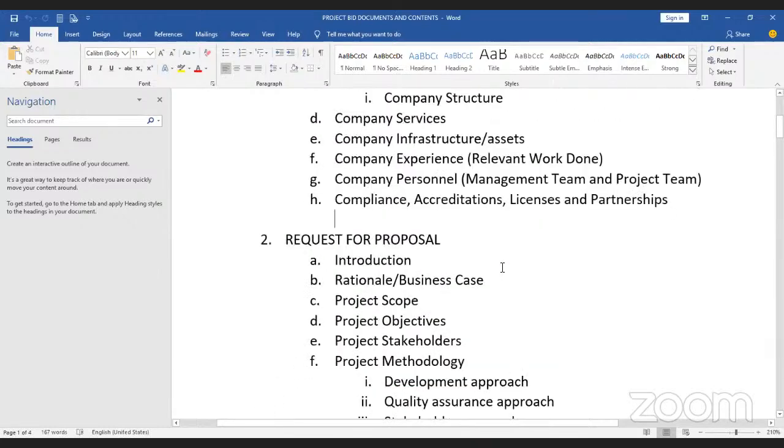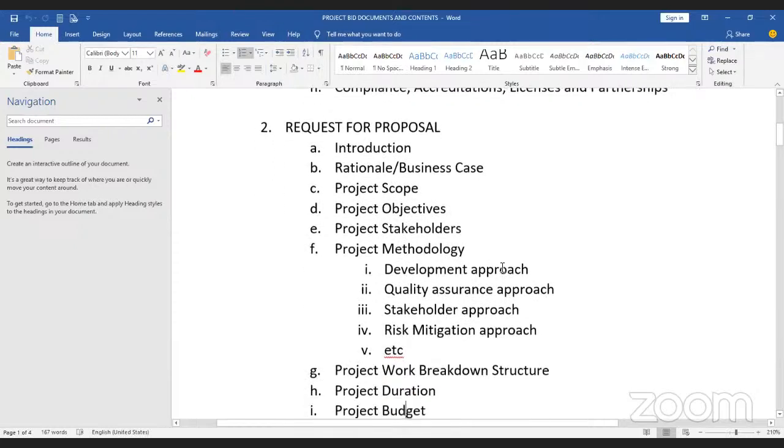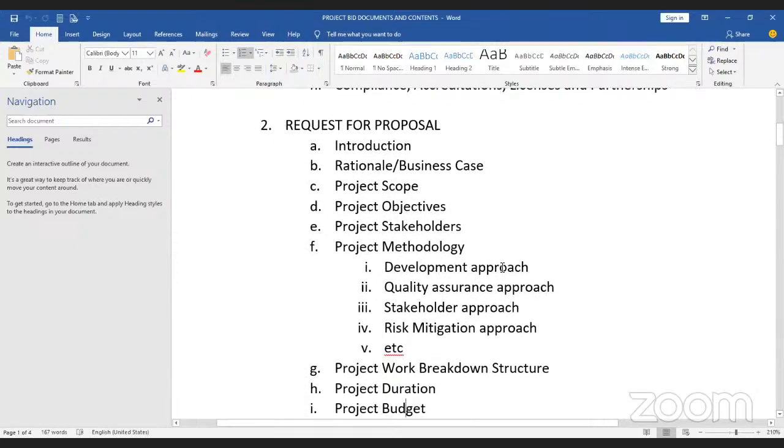So your request for proposal, you have your introduction, you have your rationale, you have your objectives first, you have your stakeholders, and then you can bring down your scope. Or perhaps you can even deal with your methodologies first before you go down to breaking it down, so that you have all the space below to deal with the work. So you could have your methodology after your stakeholders, and then you can then bring down your scope. Your scope on the template we've been using, your scope, time, and budget with risk, they are all in the same template.